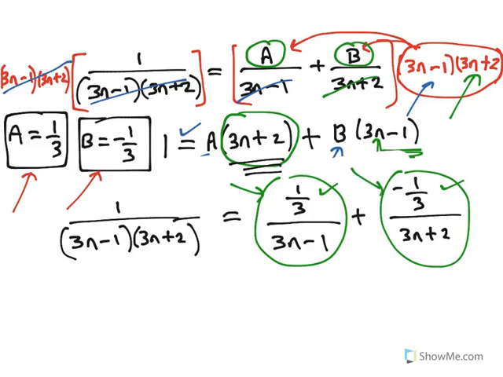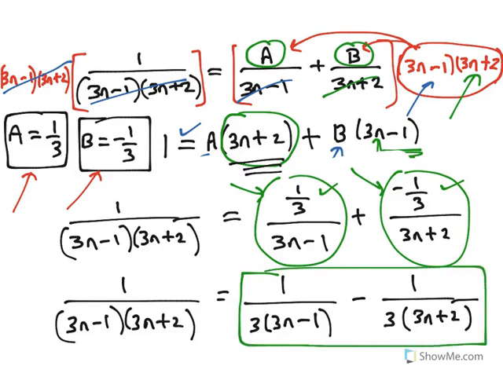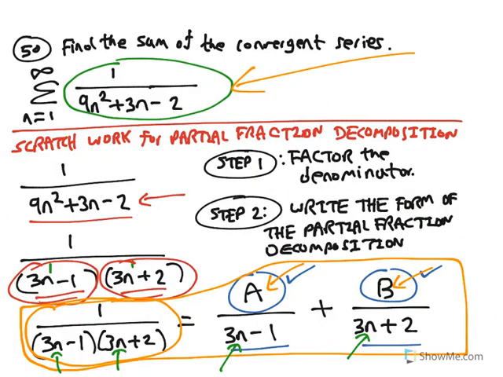And in the second partial fraction, you will divide negative 1/3 by 3n plus 2. And when we do that, this is what we get. This is the partial fraction decomposition of the nth term from our infinite series.